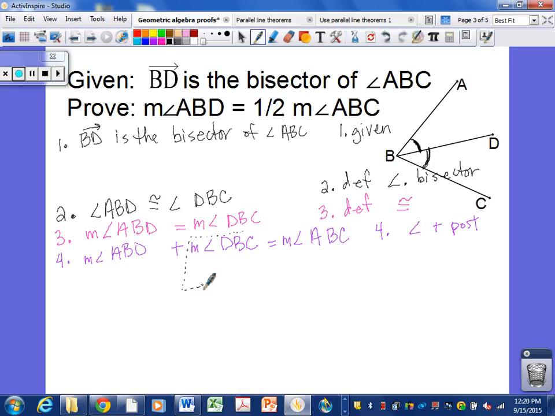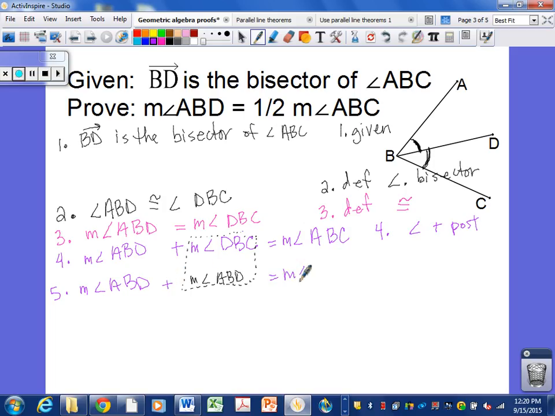substitution. Okay, so instead of having angle DBC, I'm going to have angle ABD. Because here I said they're equal, so one of them can replace the other anywhere in your proof. So because we wanted ABD up here, we want to have another ABD down here.